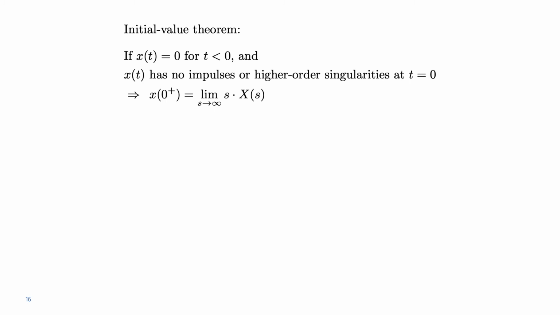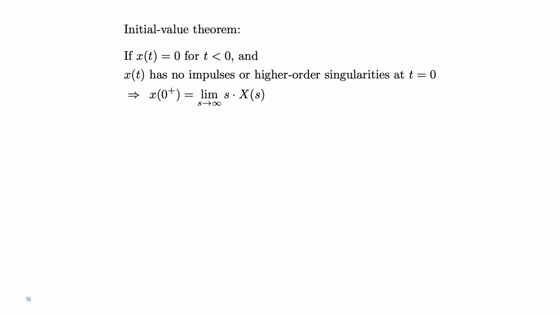Now we will conclude with two very interesting theorems that apply to the Laplace transform. The first theorem is called the initial value theorem. It states that if x of t signal is 0 for any negative time, so it's causal, and if x of t also has no impulses or any higher order singularities at t equals 0, so nothing strange, then the value of x in 0 on the right, meaning x of 0 plus, so the limit of x of t as we approach 0 from positive times, can be actually calculated by looking at its Laplace transform.